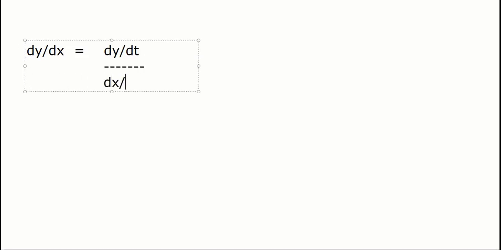If you have to find dy by dx and you can write y and x in terms of t, you do dy by dt over dx by dt.